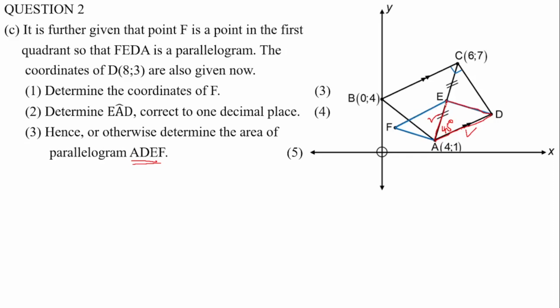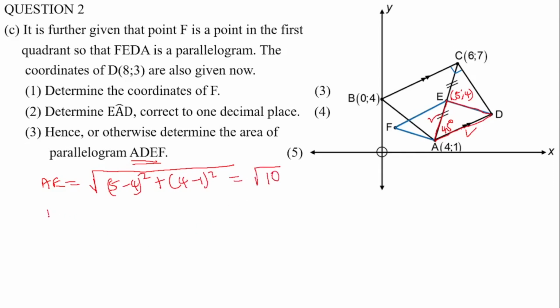Remember, we found the coordinates of E in the previous question: E is (5, 4). So we can find distance AE. Distance AE is equal to the square root of (5 minus 4) squared plus (4 minus 1) squared, which is equal to the square root of 10.